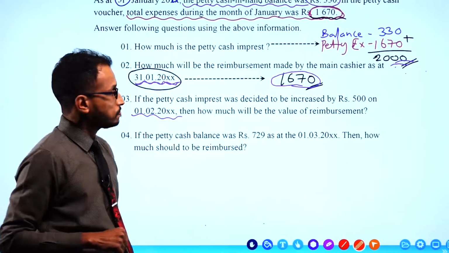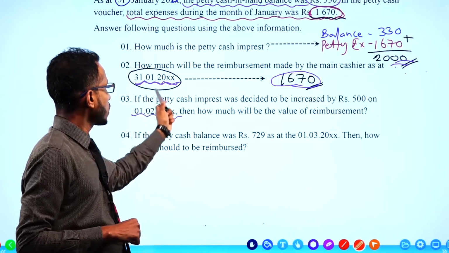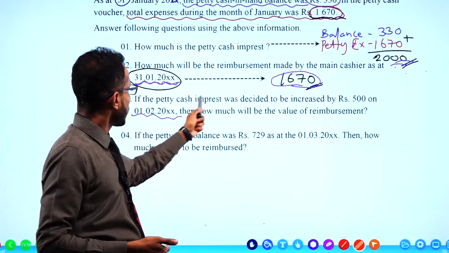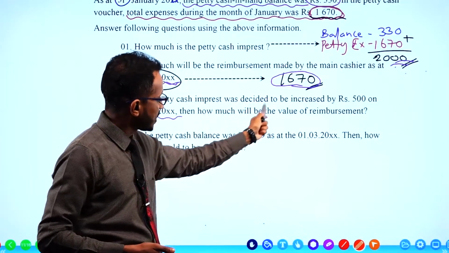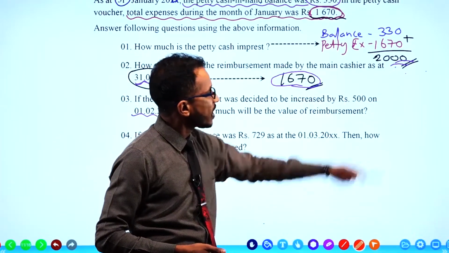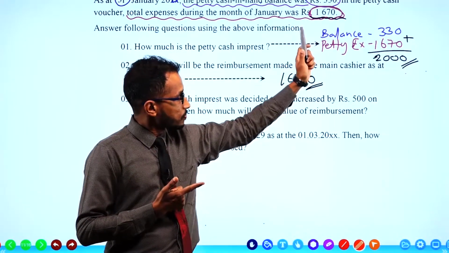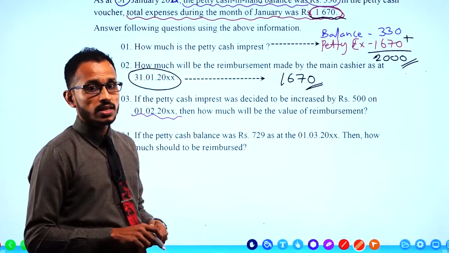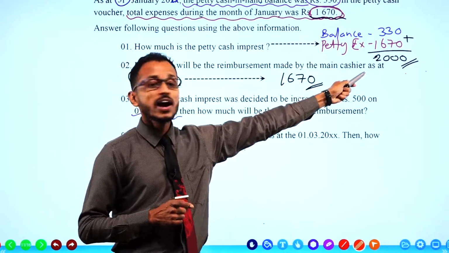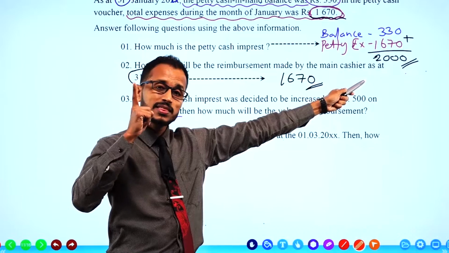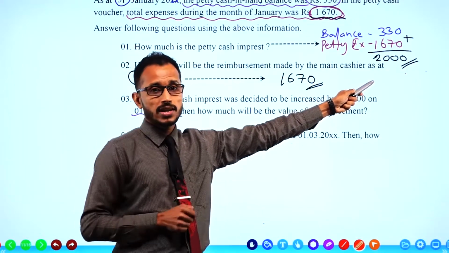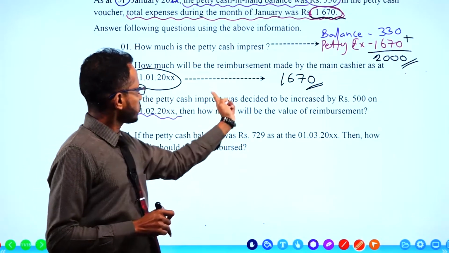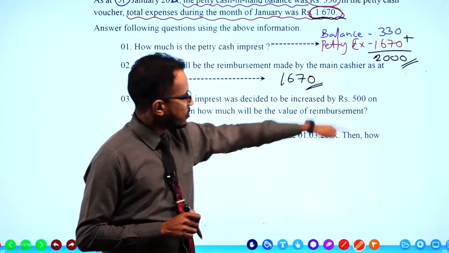And now they are saying, if for the month of February the petty cash imprest is decided to be increased by 500, which means the original imprest amount will not be 2,000, it will be 2,500 with the start of February, with the next month.